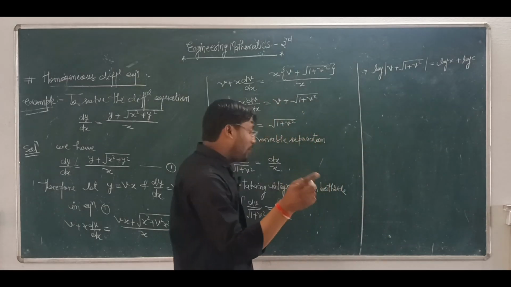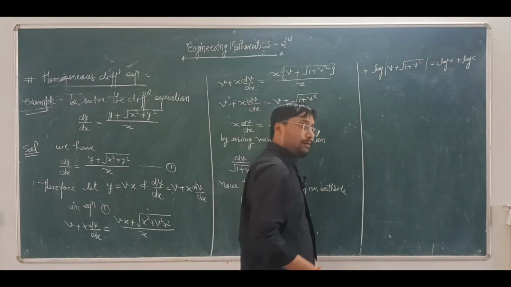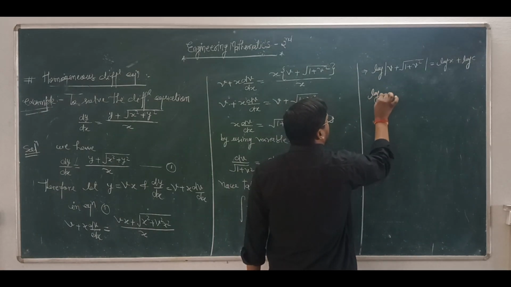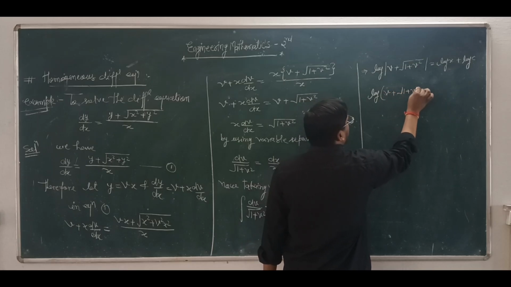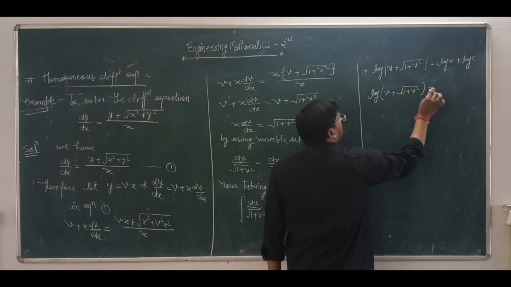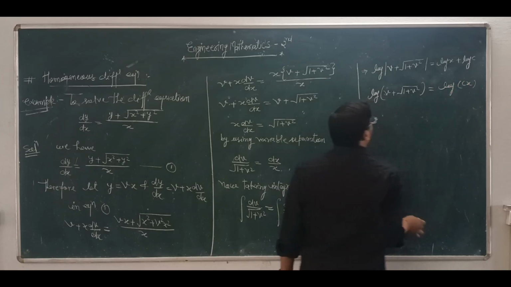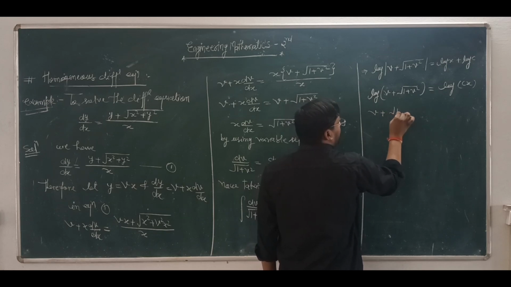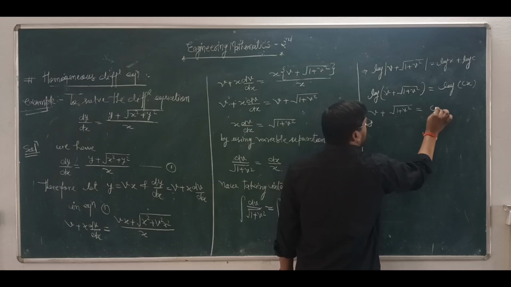If the whole value is in log, then the constant will also be log. Now you can write log of v plus under root 1 plus v square is equal to log cx. Now you can write v plus under root 1 plus v square is equal to cx.